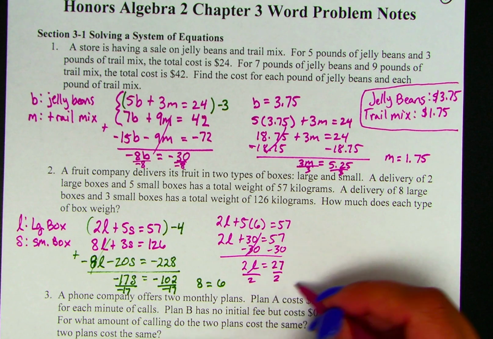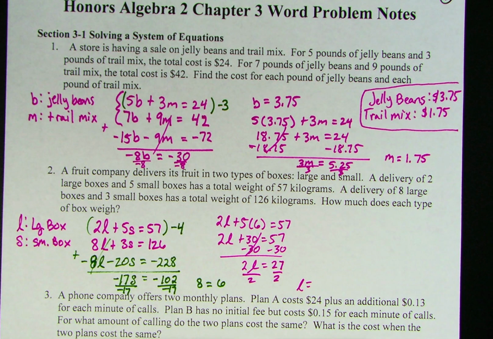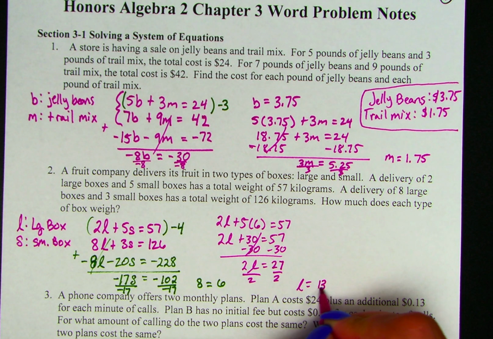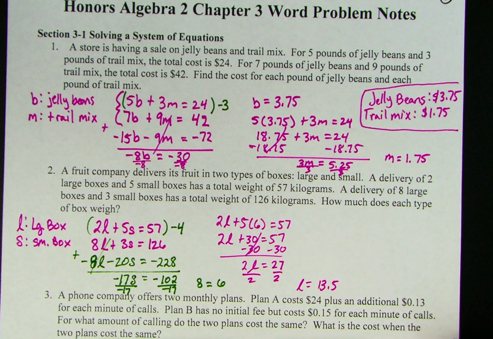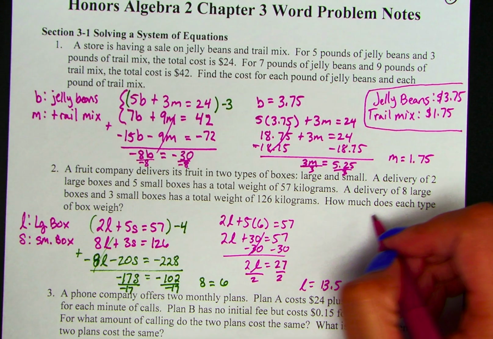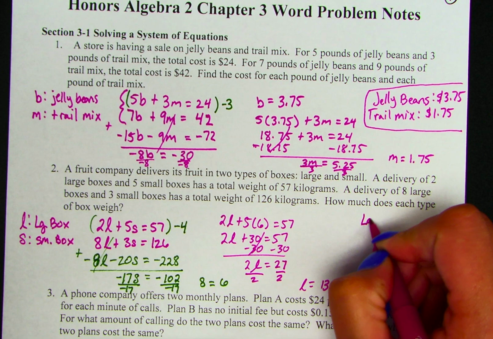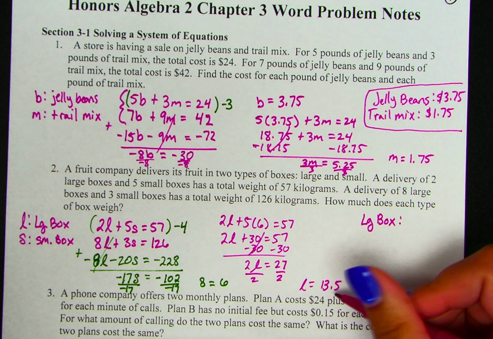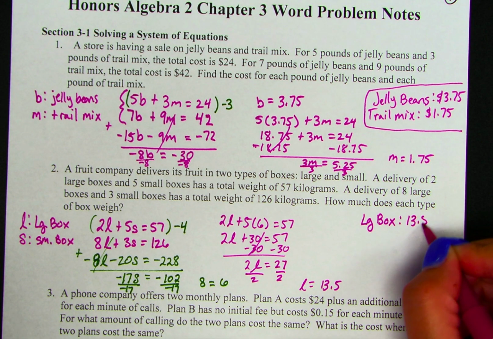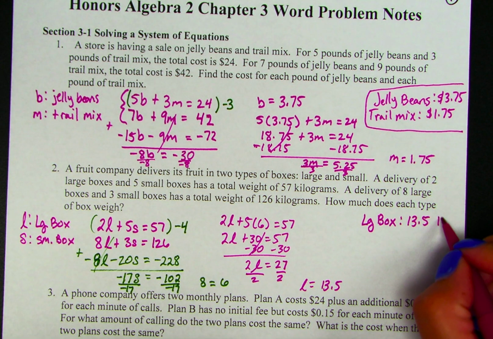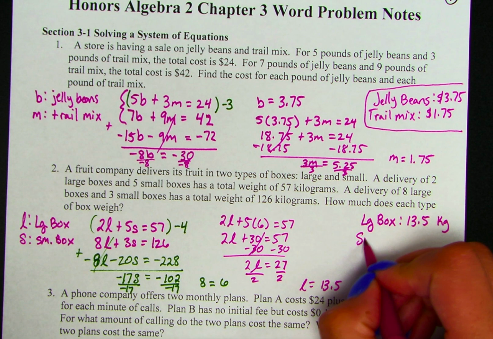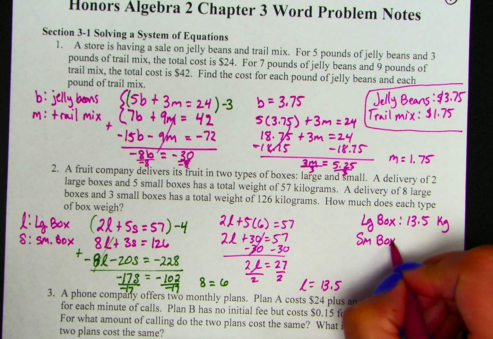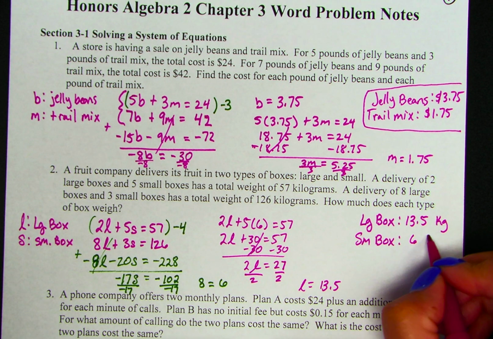So that means that L is equal to, let's see, 27 divided by 2, 13.5. All right, so now I just got to label my answers. So my large box, which was my L, is going to be 13.5 kilograms. And then the small box weighs 6 kilograms.